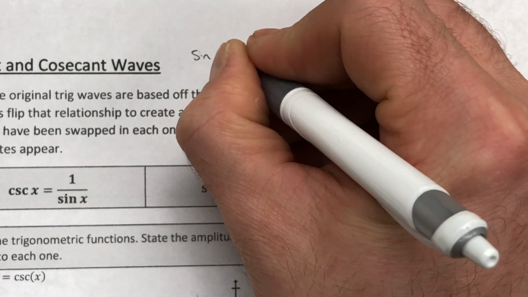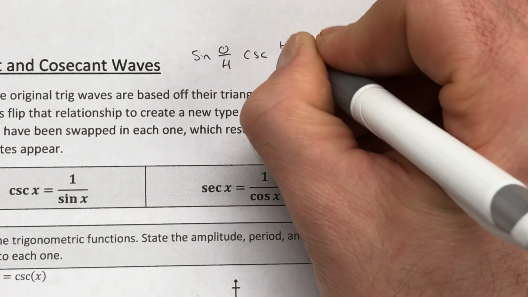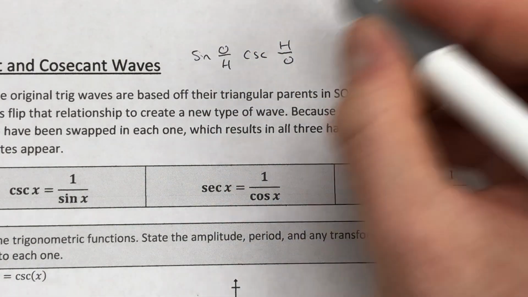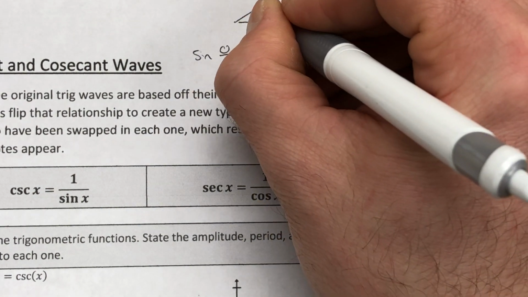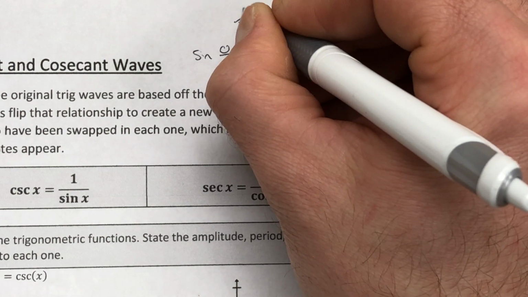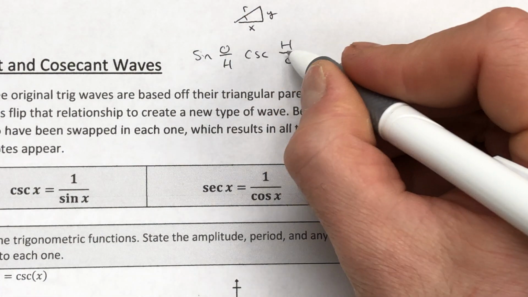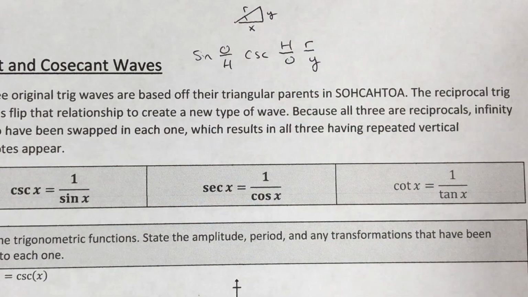So I know sine is normally opposite over hypotenuse, which means cosecant is going to be hypotenuse over opposite, which on the unit circle, opposite of a triangle is going to be the y, the adjacent is going to be the x, and the hypotenuse is going to be the radius. So for the cosecant, I'm dealing with the radius over the y value.